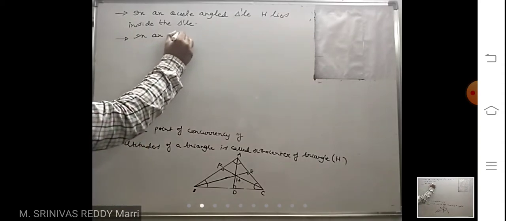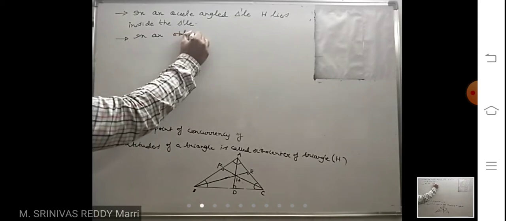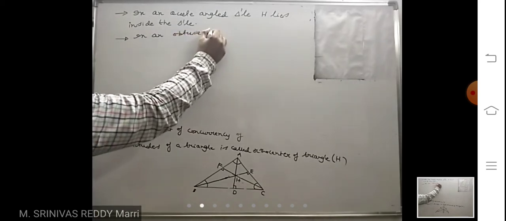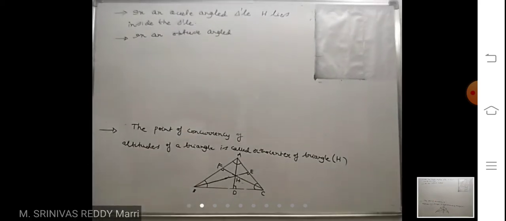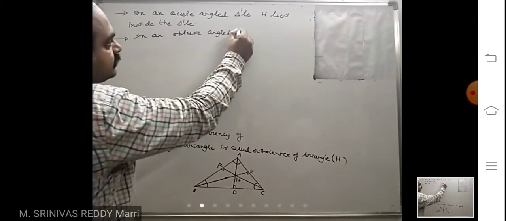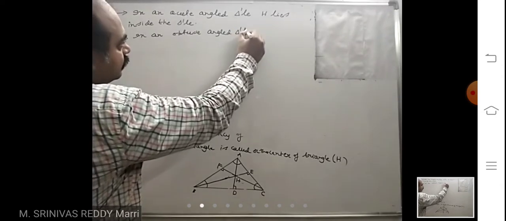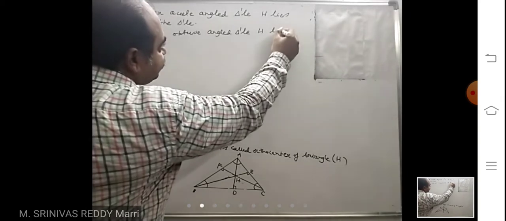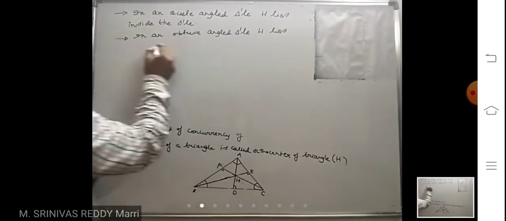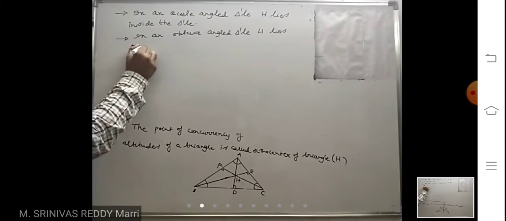In an obtuse angle triangle, H, that means the orthocenter, lies outside the triangle.